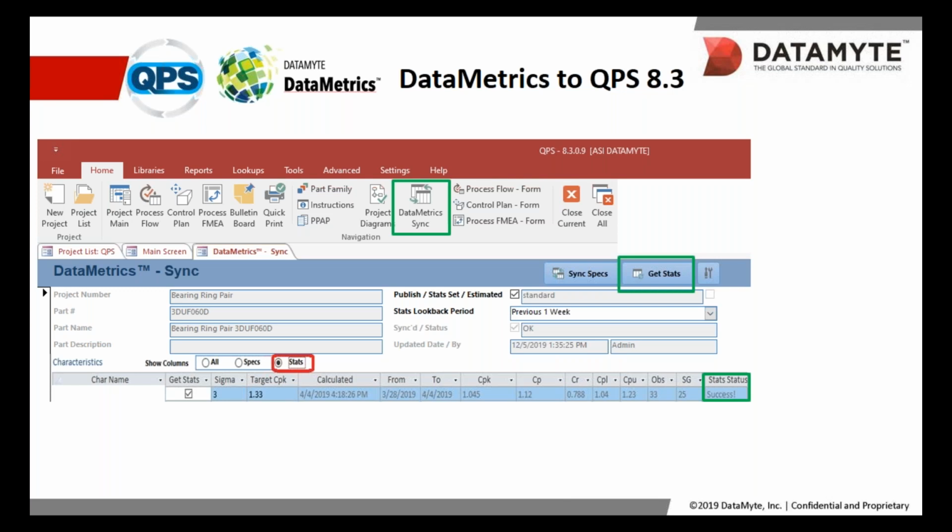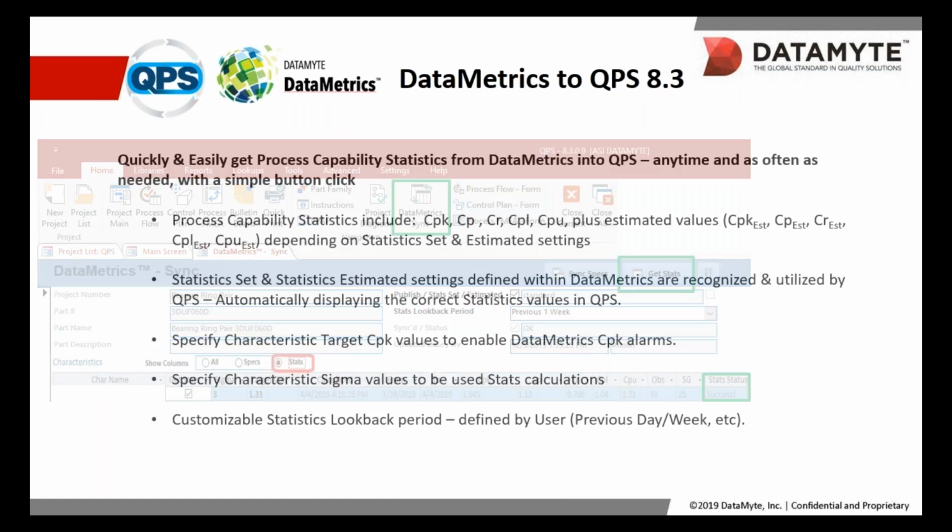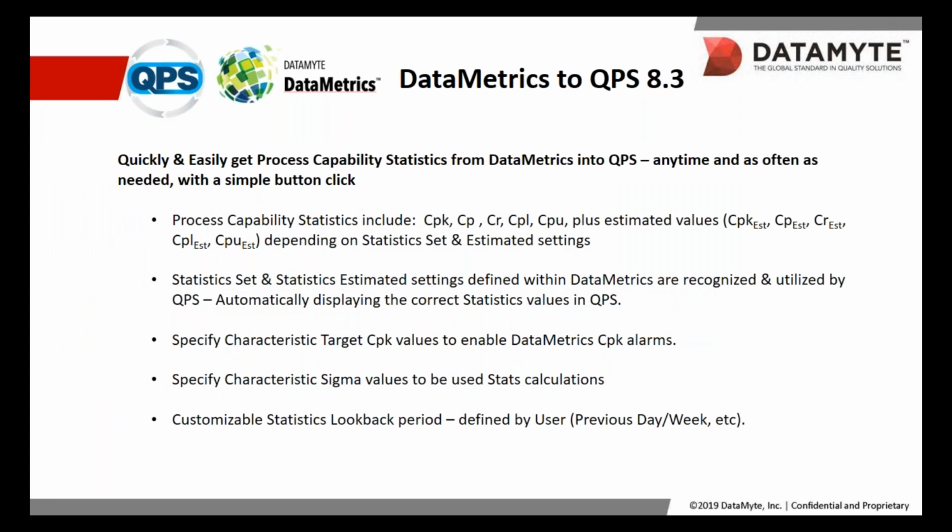So the information is immediate. We come into the synchronization screen. We go to the part that we are looking for the information for, and click on Get Stats and pull that information in, and we'll have our success for uniting and handshaking that information from the two databases.